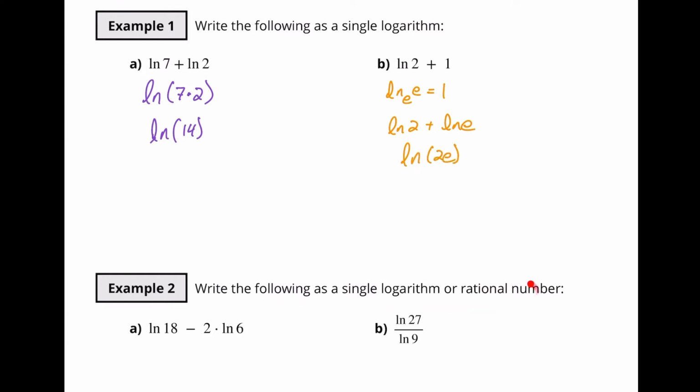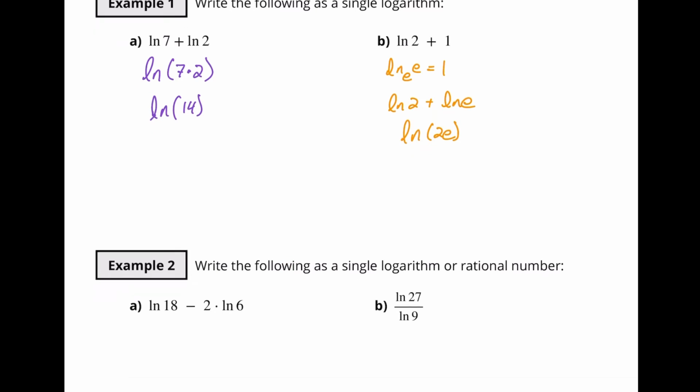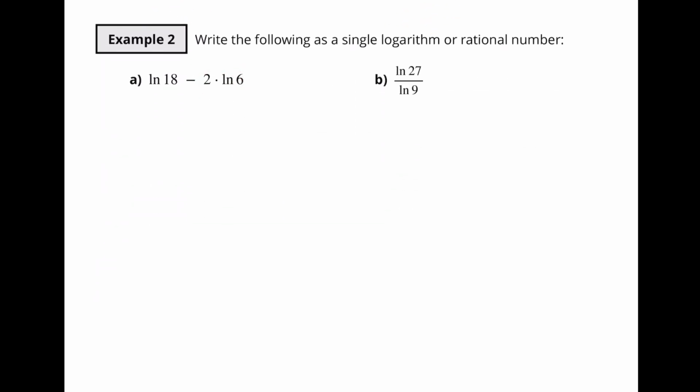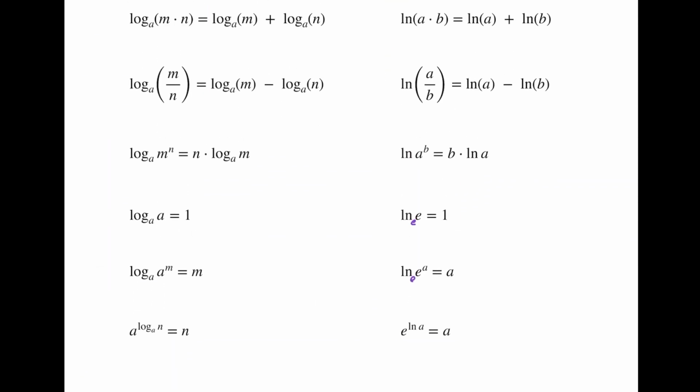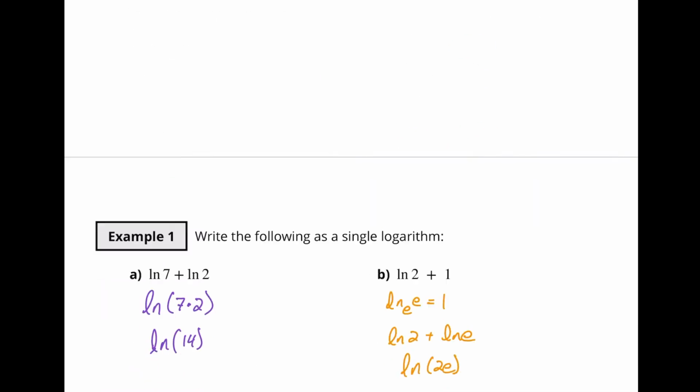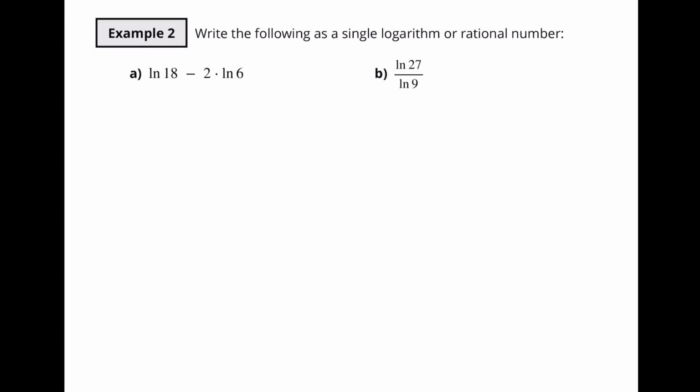What if I want to write these things as a single logarithm or a rational number? Here we've got our power of a power rule. Up here we've seen that if we have a number out front here, it goes up to the power there, right? This thing is the power, so it goes out to the front like we're showing here. So if we've got this example, let's start with this over here, then that just means that we've got ln base e of 6 squared, or this piece is ln of 36.